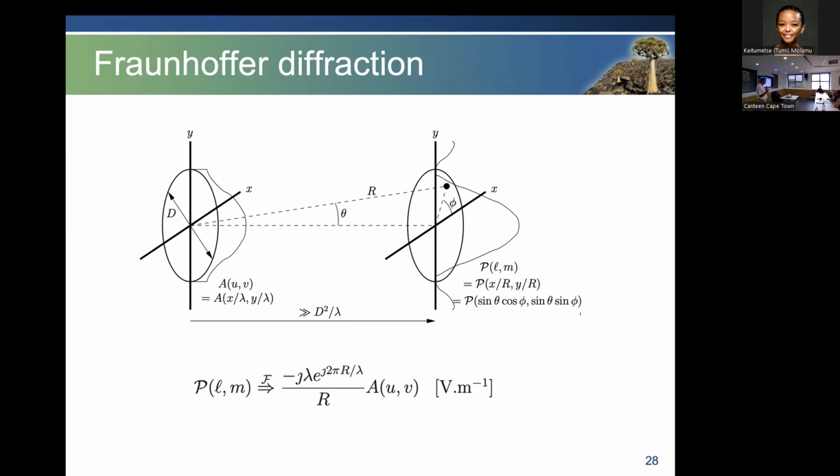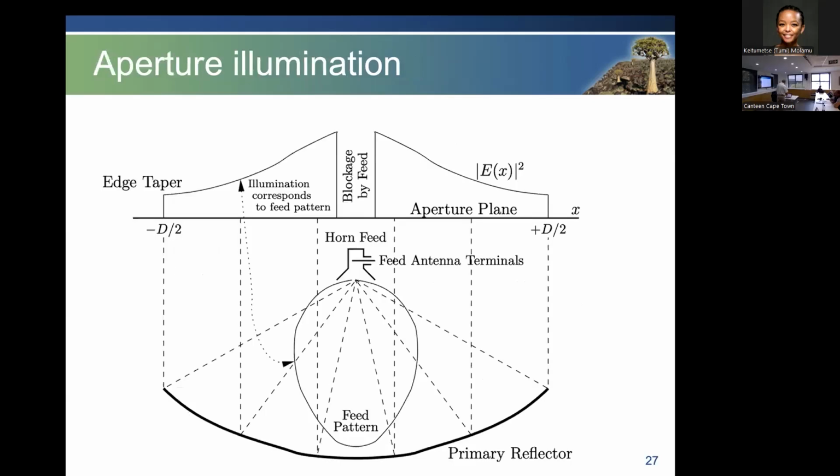Fraunhofer diffraction is an approximation, but a pretty good one, that says there's a Fourier transform relationship between those 2 things. So now you've got this tool in your head that when you see an aperture illumination function, you can get some idea of what your beam's going to look like.